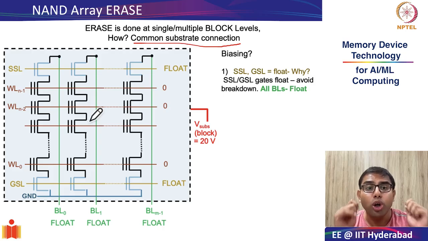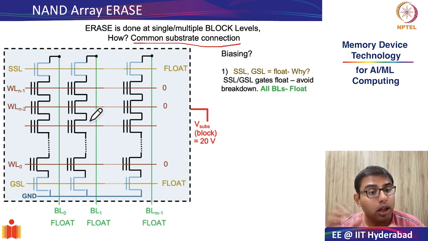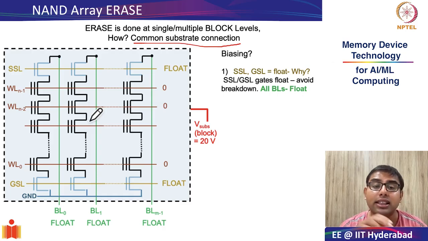What we want to ensure is that you just apply zero gate bias at the word lines, and you apply a common bias of plus 20 volts at the substrate. The substrate voltage, as we just discussed, is connected to all the p-plus substrate of all the cells in that particular block.